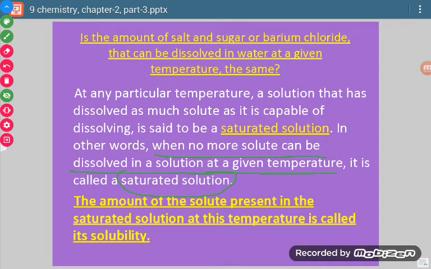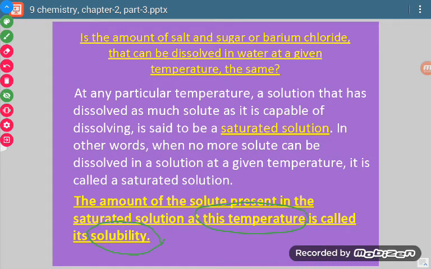Now, the term I just mentioned, solubility. What is solubility? The amount of the solute present in the saturated solution at a particular temperature is called its solubility. Temperature is very important here.